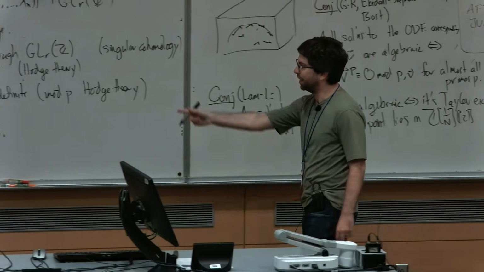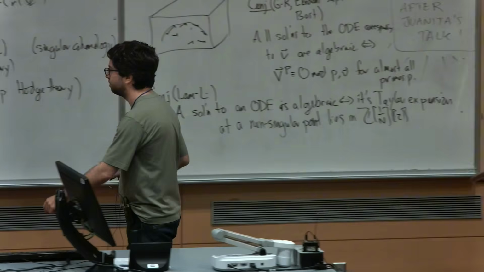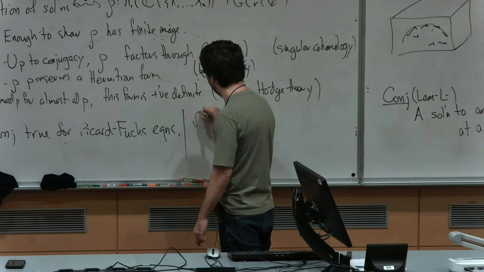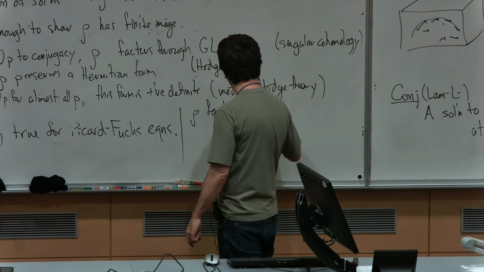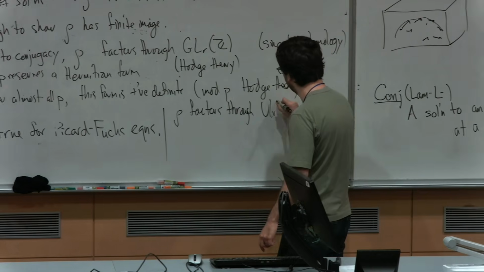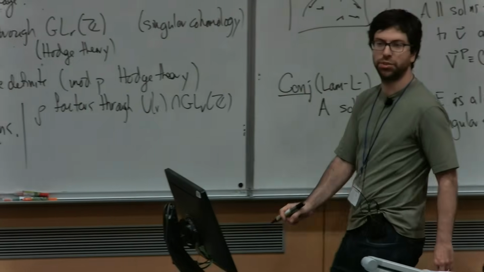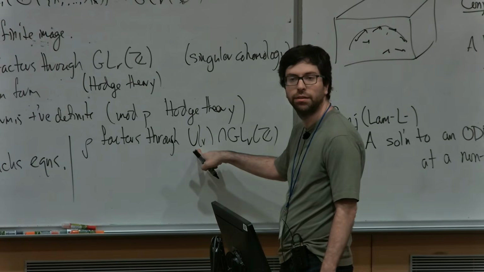Okay, so given this, can anyone prove the theorem? What we've just shown is that rho factors through the unitary group intersected with the general linear group of invertible matrices with integer entries. And this group is compact.